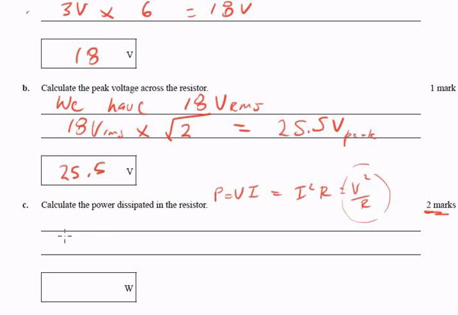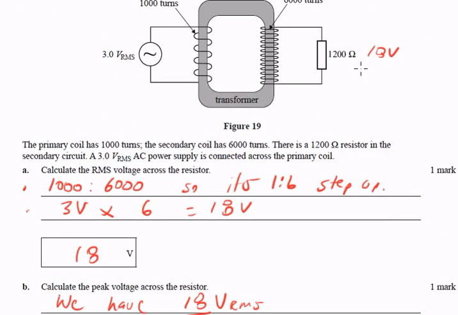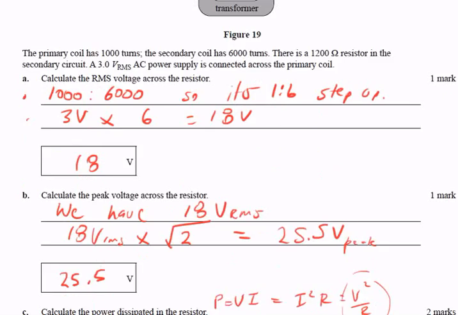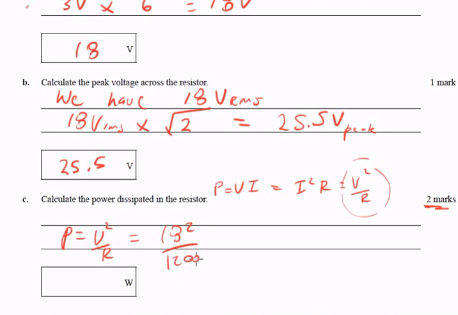You use the RMS. So P equals V squared over R equals 18 squared over, what's the resistance? 1200, which gives us 0.27 watts.